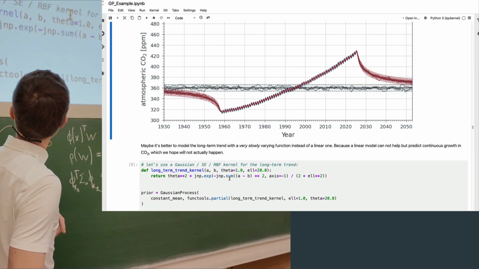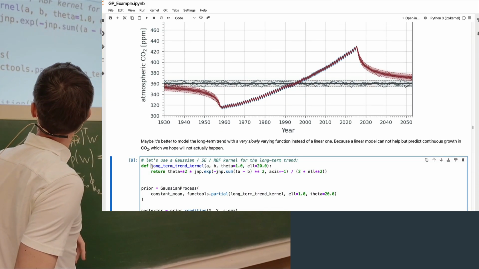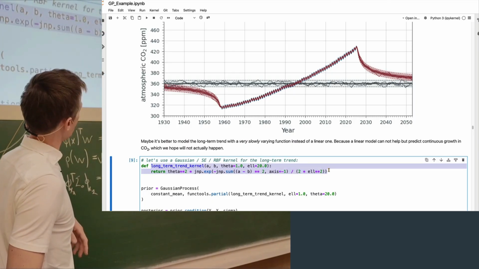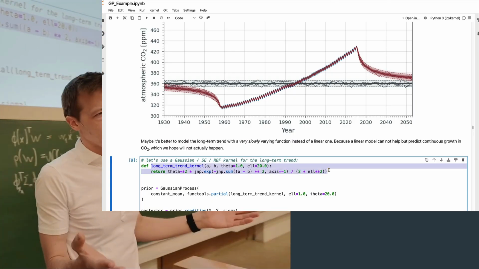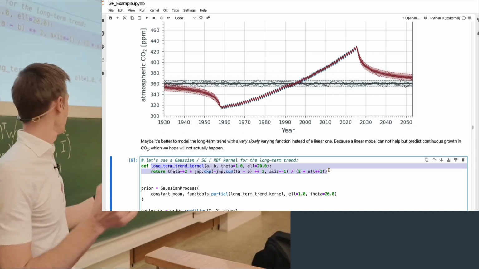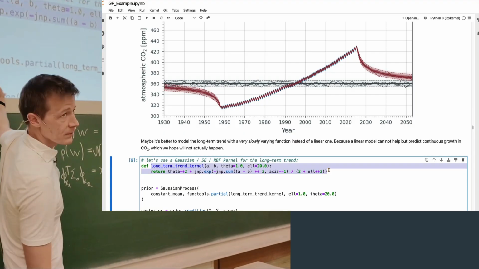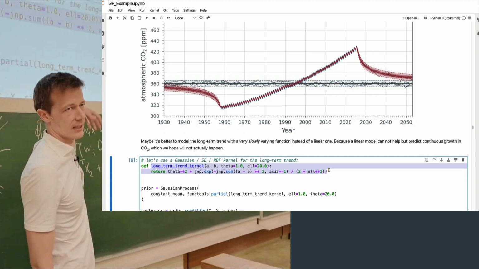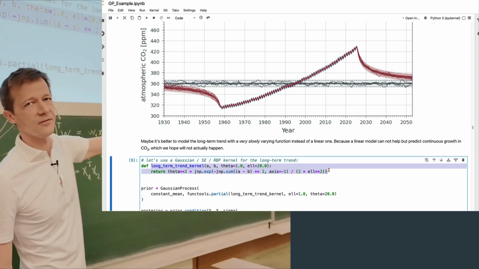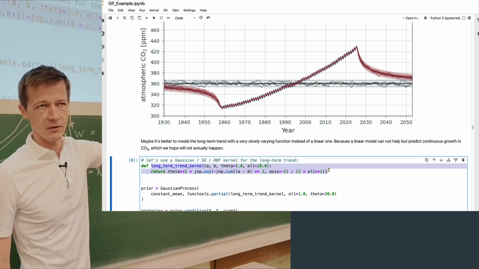This is great. So what I'm going to do is I'm going to write a long-term trend kernel. And for this, I could also use the rational quadratic kernel again, but just for fun, I'm going to use a square exponential kernel, a radial basis function kernel, a Gaussian kernel, the most default kernel people tend to use for kernel regression.